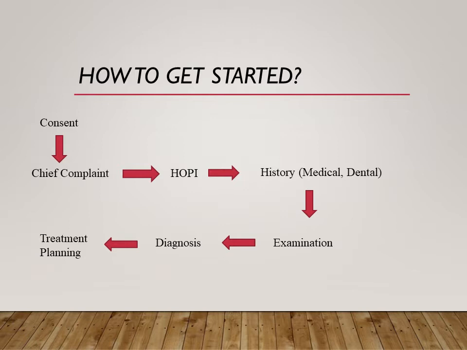If yes, what kind of relationship the patient had with that dentist is very important, because you can judge the attitude of the patient: whether the patient is easygoing, whether the patient is educated, whether the patient is interested in getting the treatment done, and how the patient forms a relationship with the dentist. All of that can be evaluated with the dental history.